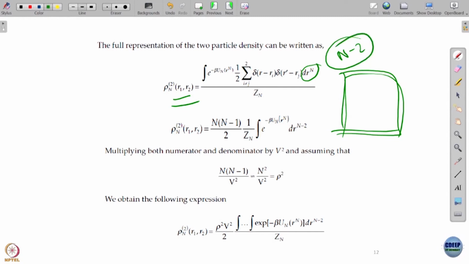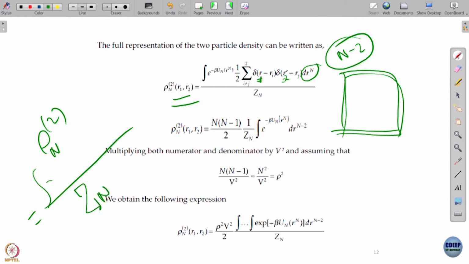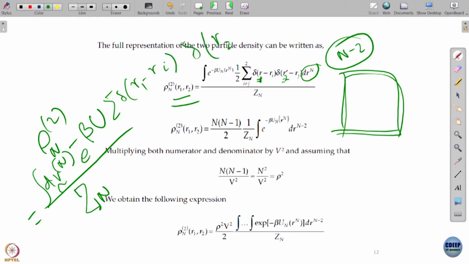But now, because of the delta function representation, I can put it in and say, okay, 1 particle at r, another particle at r prime. Actually, if I have to look at that, then that should be R1 and R prime is R2, then it becomes delta R1 minus Ri, delta R2 minus Rj, and I sum over all i and j.